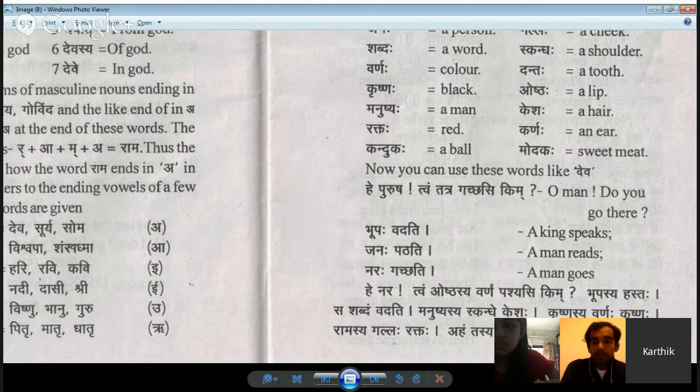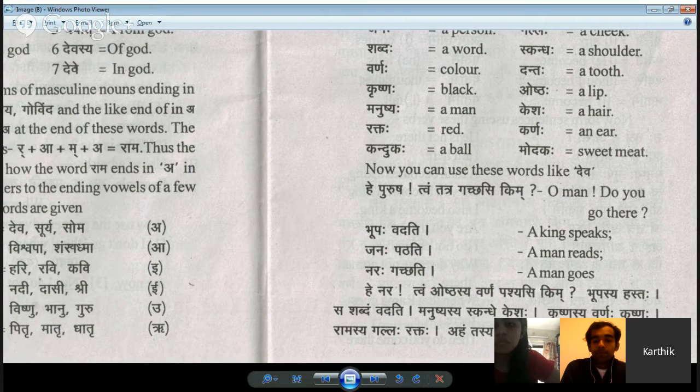Sa Shabdam Vadati. Next, Manushyasya Skandhe Keshaha. Here we always go with the verb. In all the sentences, we'll try to spot the verb first, and from there we'll get to the karta, karma, and so on.